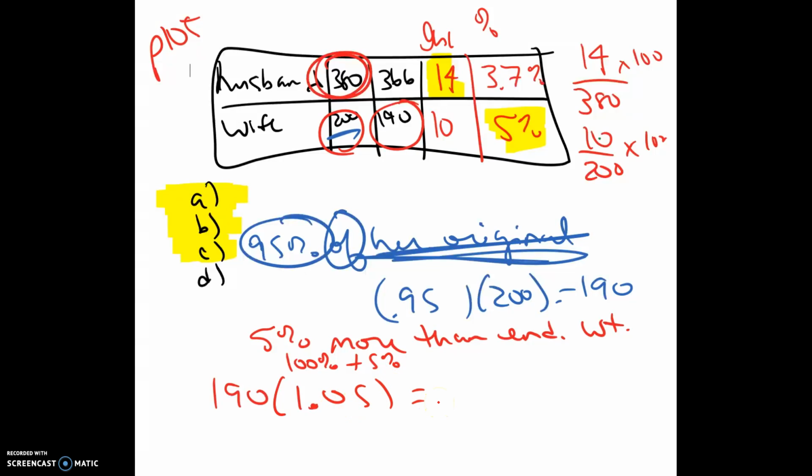And so if I get on my calculator here, what am I at? So I have 190 times 1.05, or if you do it in 2 steps, that's okay too. But multipliers are super helpful. So I get 199.5. So it's close to 200, but it is not equal to 200. So I can't undo the math that way. So D is not true.